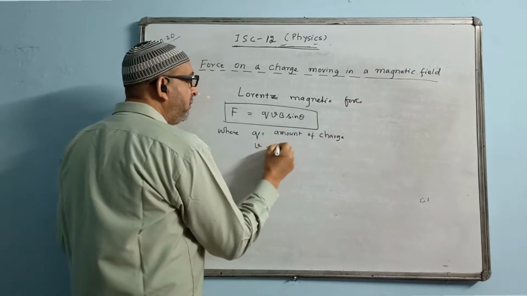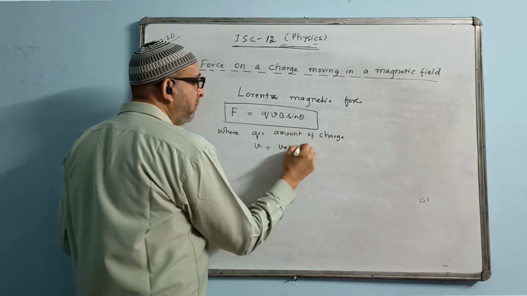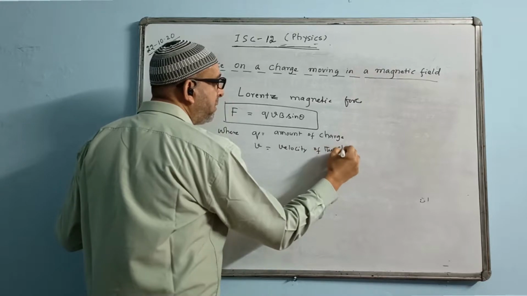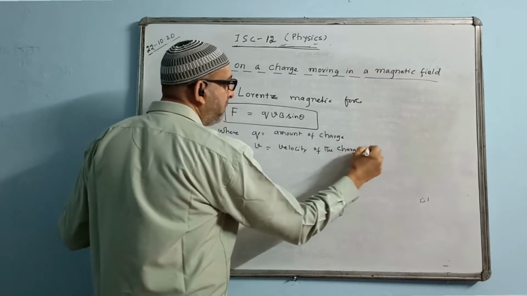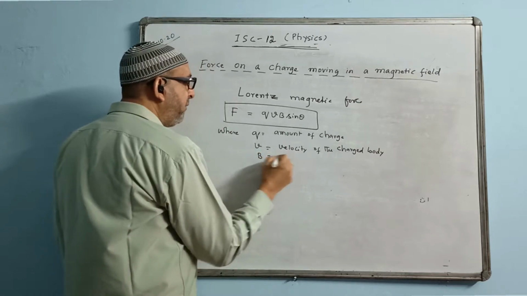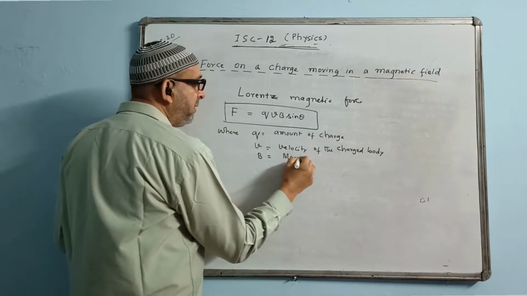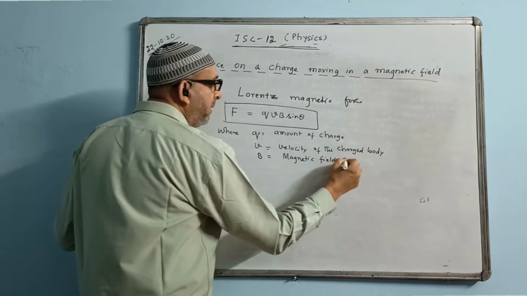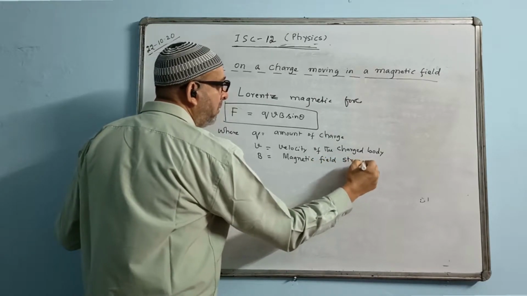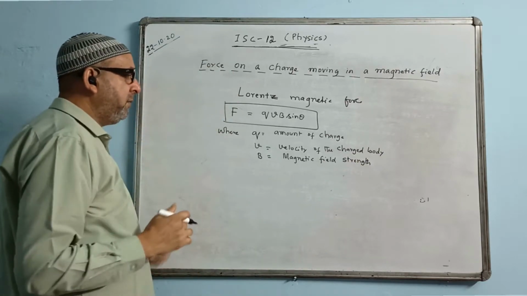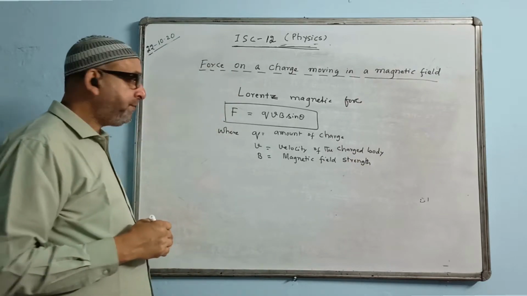V is the velocity of the body. B is magnetic field intensity or strength. Magnetic field strength.